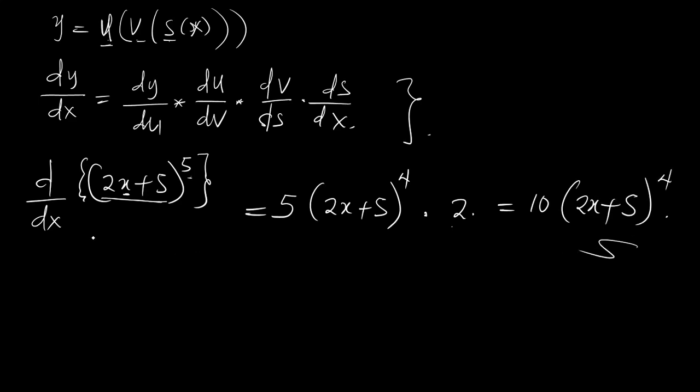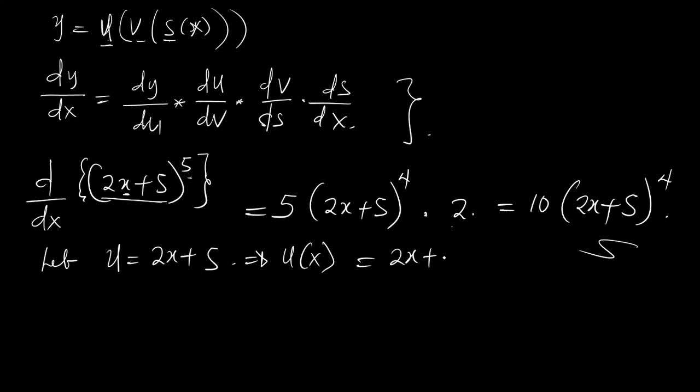So this is it. Or if you want to make it simpler, you say let u be equal to 2x plus 5. This shows that u is a function of x, which is 2x plus 5.